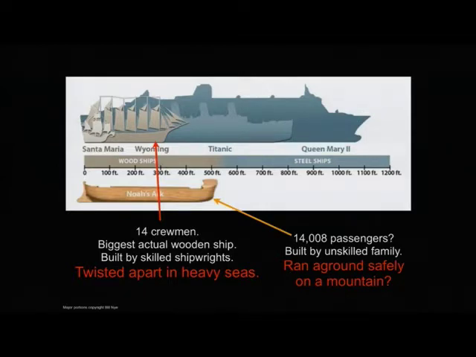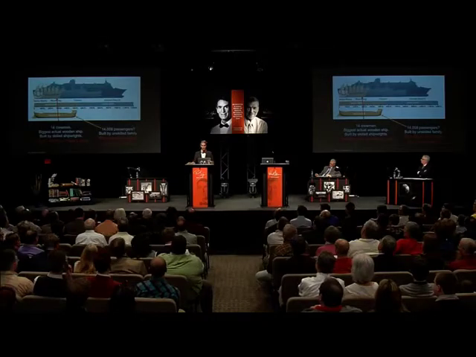So it's about 14,008 people. And these people were unskilled. As far as anybody knows, they had never built a wooden ship before. Furthermore, they had to get all these animals on there, and they had to feed them, and I understand that Mr. Ham has some explanations for that, which I frankly find extraordinary, but this is the premise of the bit.